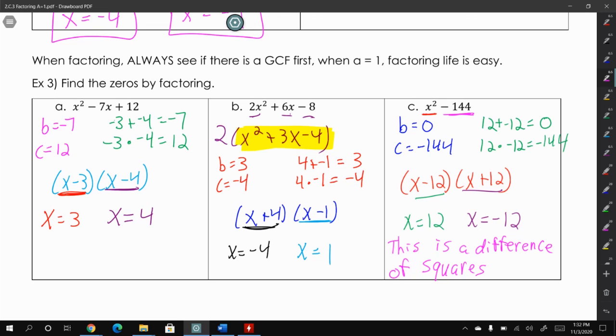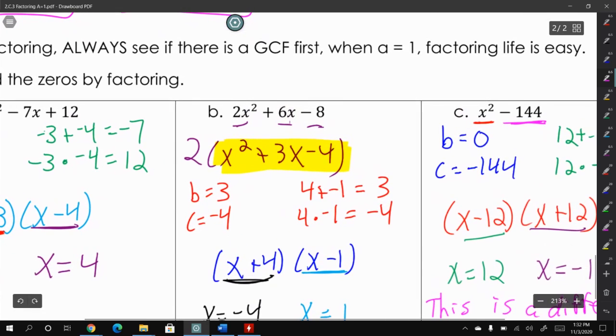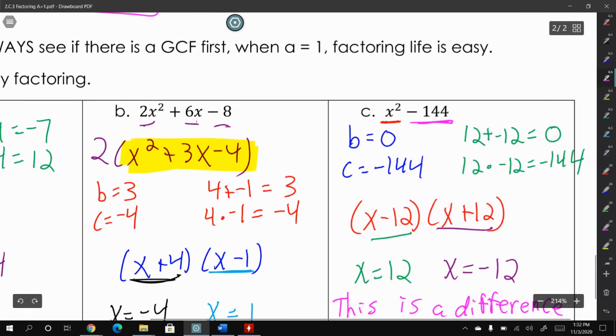144 is 12 squared. 144 is a perfect square because you can take the square root and get a whole number. So we have x squared, one thing being squared, minus another thing squared, which in this case is 12, because 12 times 12 is 144.